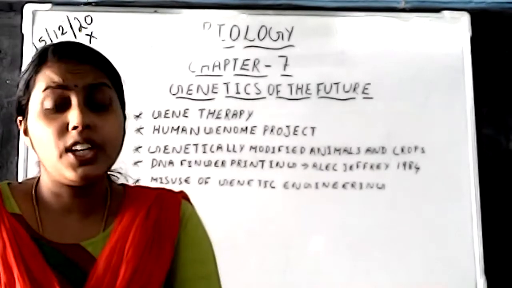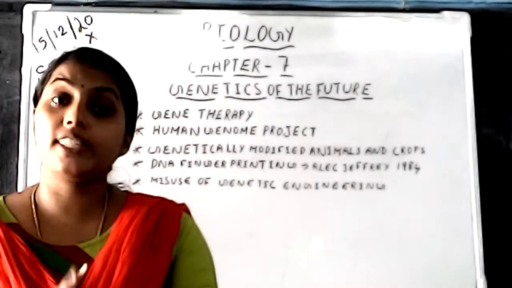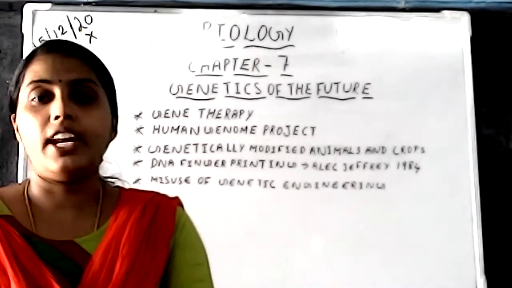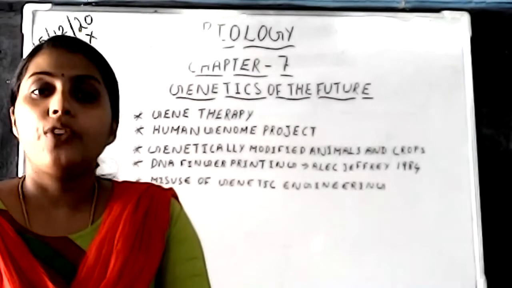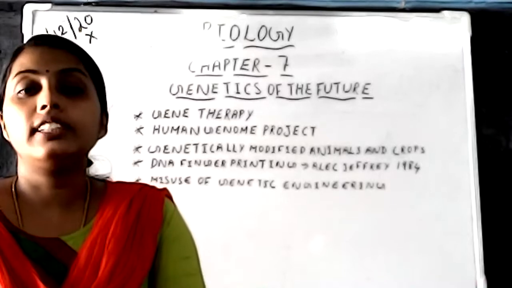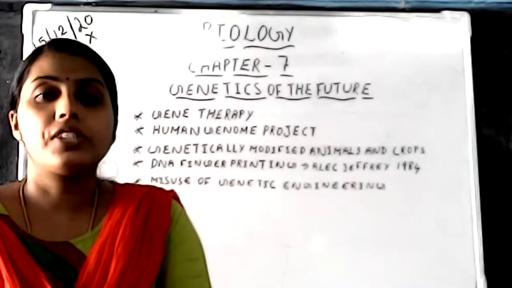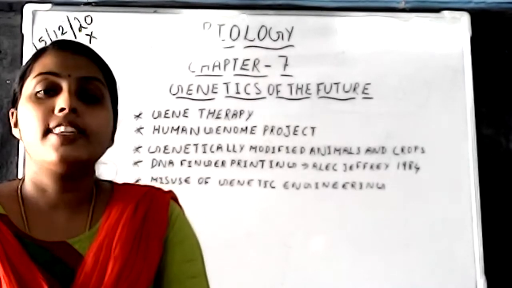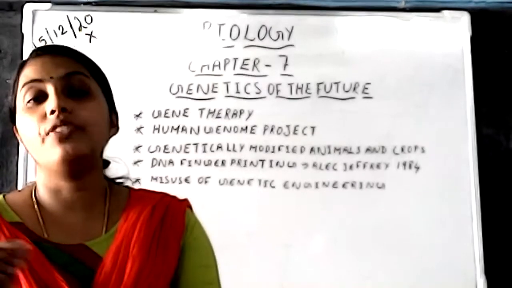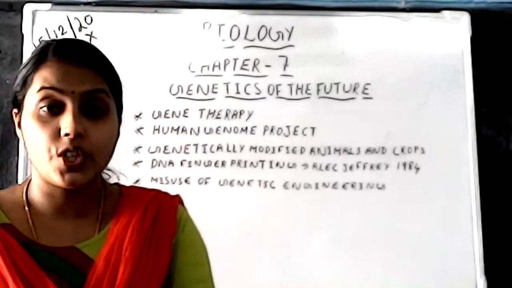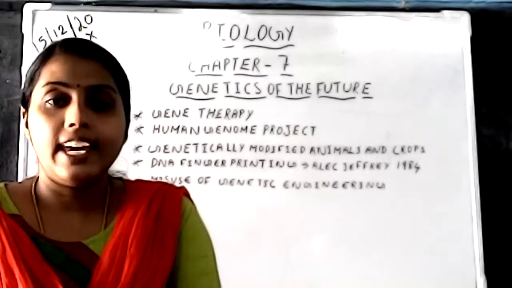The basis of genetic engineering is cutting and joining genes. The insulin-producing gene is cut using an enzyme called restriction endonuclease, and from the bacteria also a gene is removed with the help of restriction endonuclease, and we join with the help of the genetic glue, that is the ligase enzyme.